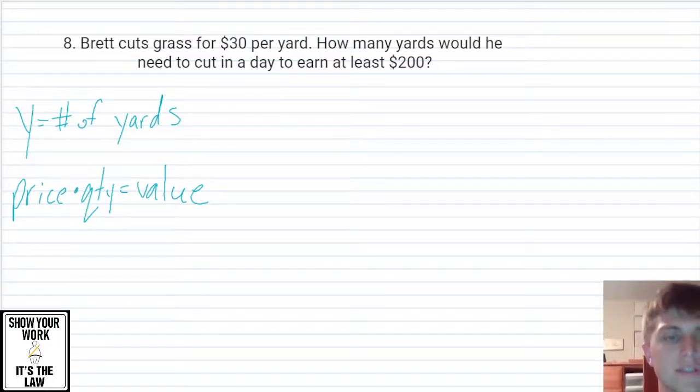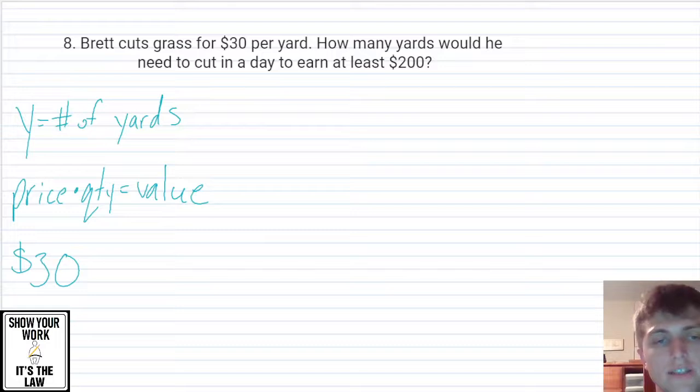Or the price of each yard is $30. So we've got $30 is the price of each yard. And if we want to know the total value of earnings, we do $30 times every yard he mows, right? His total value for a day is going to be $30 times every yard he mows.